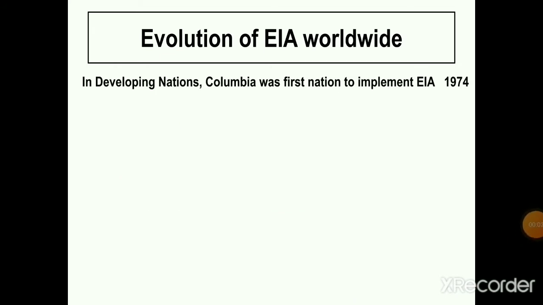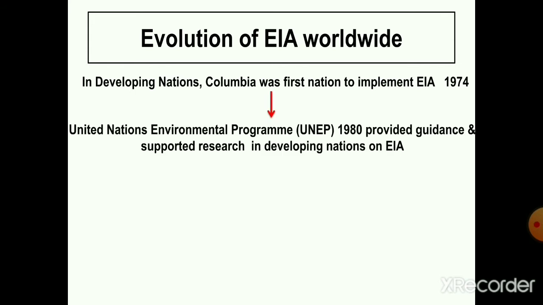Among the developing nations, Colombia was the first Latin American country to institute a system of EIA in 1974. United Nations Environment Programme (UNEP) in 1980 provided guidance on EIA and supported research on EIA in developing countries.